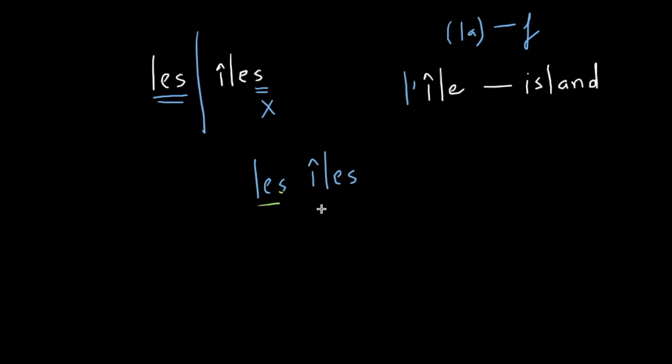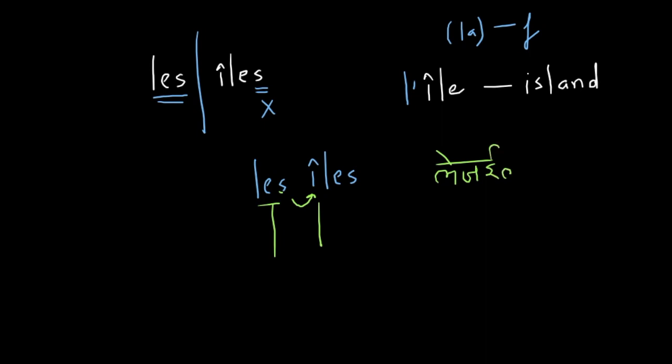But when speaking, you will join them. Why join them? Because the second word starts with a vowel. So these two sounds will be joined. And one more thing that comes into play because of that is now S is between two vowels. So this becomes lesil.